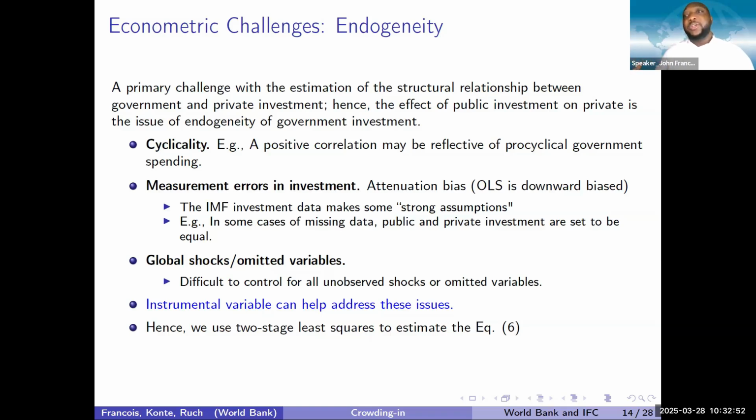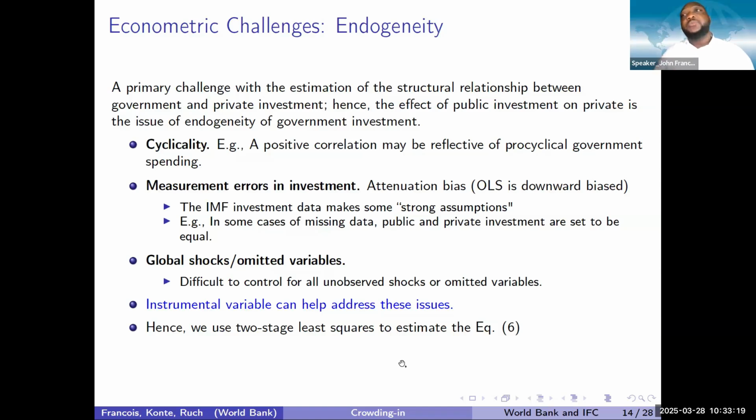The investment data that we use is computed based on a model from the IMF, and there are challenges with that where sometimes we've seen measurement errors, amongst other things, right? So in the presence of these econometric challenges, you are likely to estimate a biased coefficient or face endogeneity, which would then impact the accuracy of your estimate.